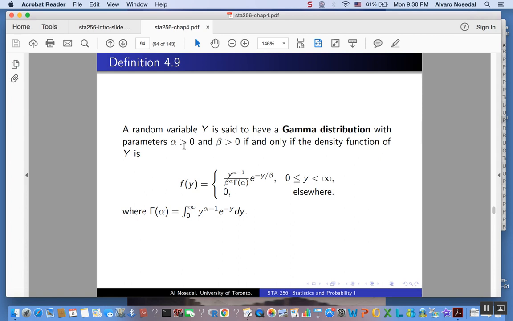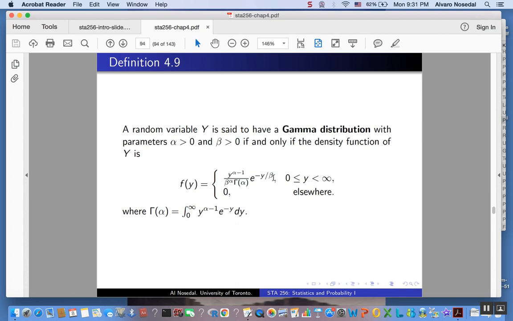So a gamma distribution with alpha equal to 1 is just 1 over beta times e to the negative y divided by beta, meaning it turns into an exponential random variable. So you have dealt with a gamma distribution before.